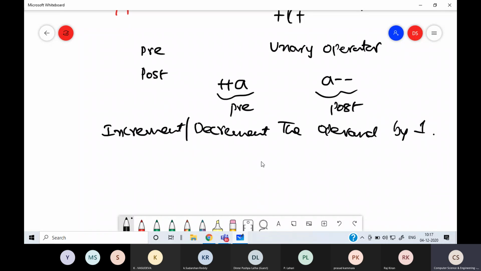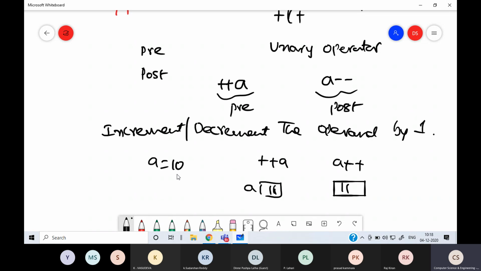Now when I take pre and post increment, suppose A equals 10. Whether I say plus plus A or A plus plus, there is no difference as far as the operand on which it is applied. After this, A is going to become 11. Here also, if I use A plus plus in place of plus plus A, then A is going to become 11. So when I use this operator with just that particular operand and that expression is not part of any other expression, the operand will be incremented in both cases.